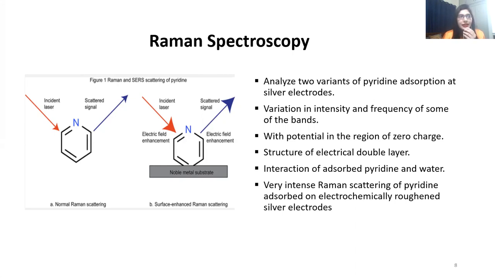The paper deals with Raman spectroscopy employed to analyze two variants of pyridine adsorbed at silver electrodes. The changes in frequency and intensity of some of the bands with potential at zero charge have been taken into account, based upon which the structure of the double layer electrode has been analyzed by the author.